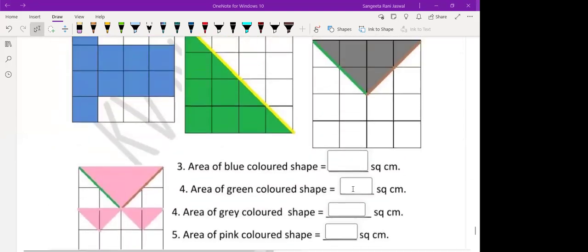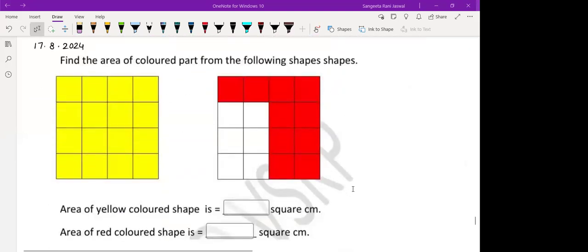Not formula-wise, let's see first with the figures.